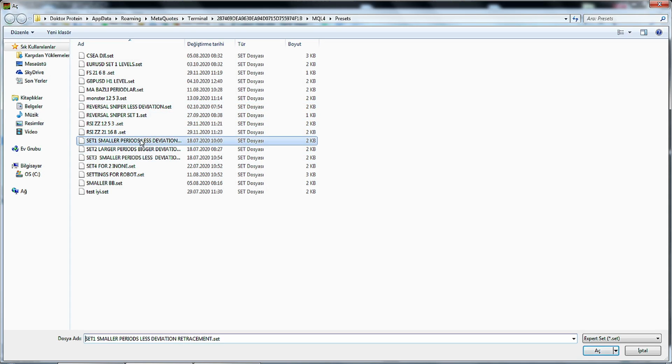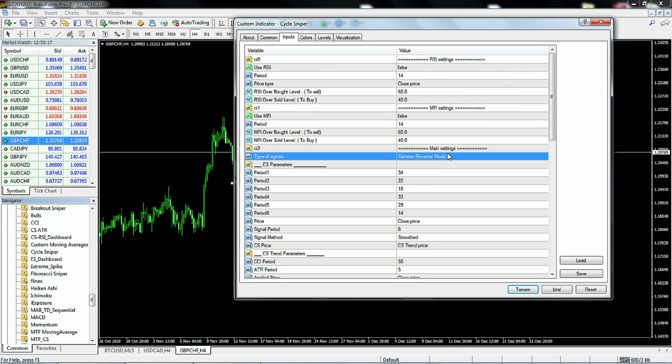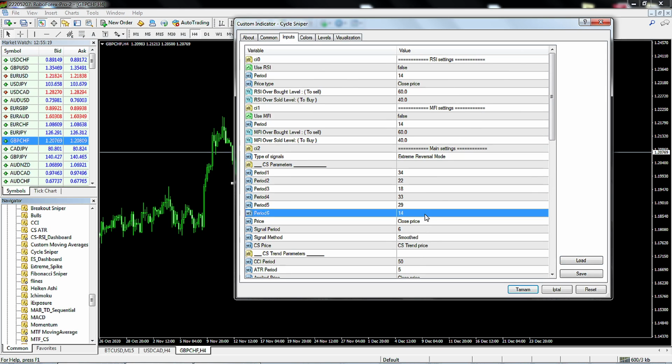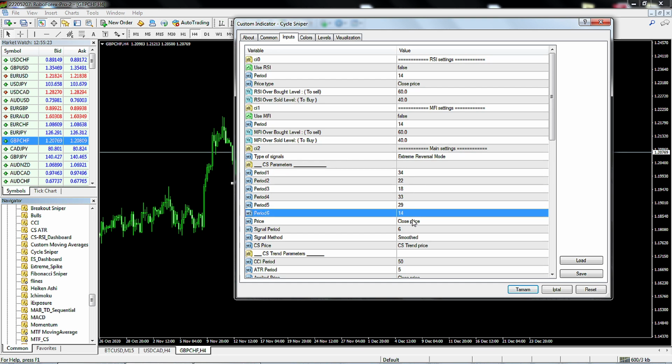Cycle Snipper indicator. We are setting 1. What is setting 1? Extreme reversal mode, periods, close price, signal period 6. You can make it 5 or whatever, but I use 6.